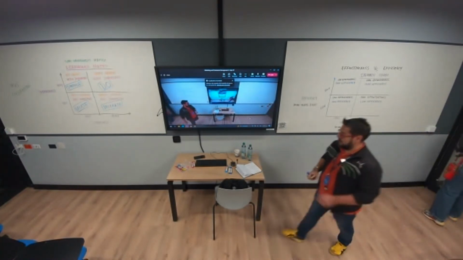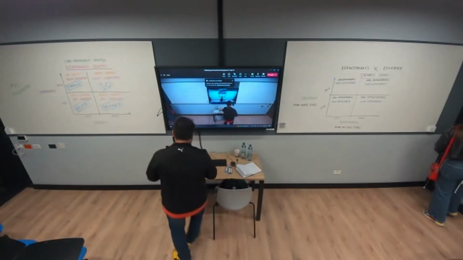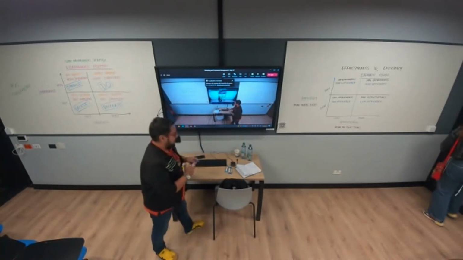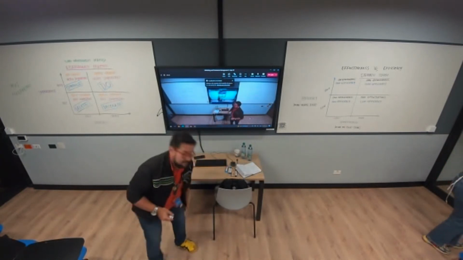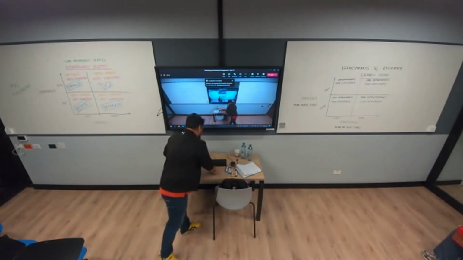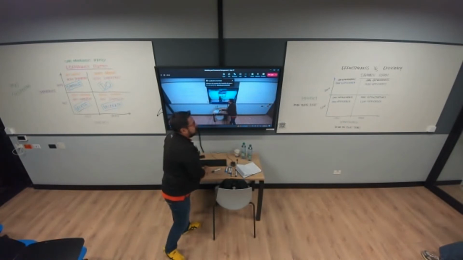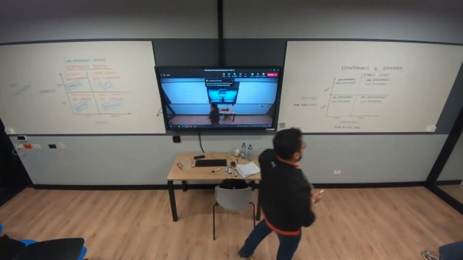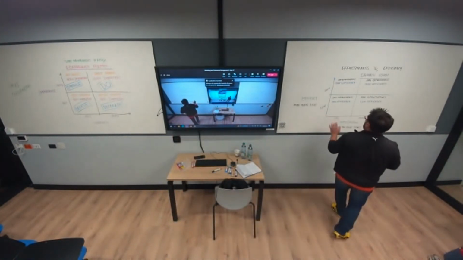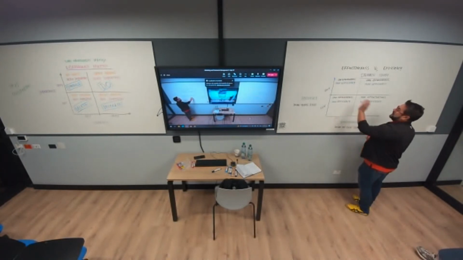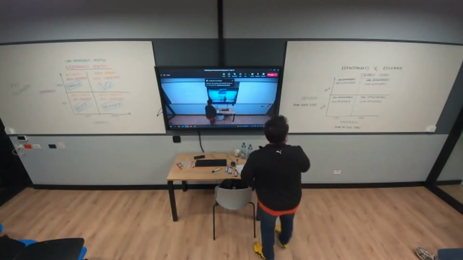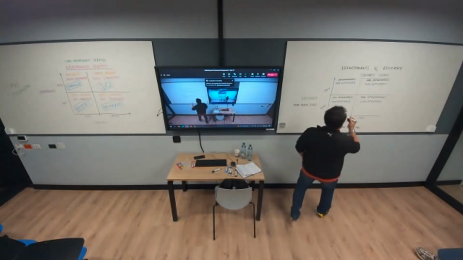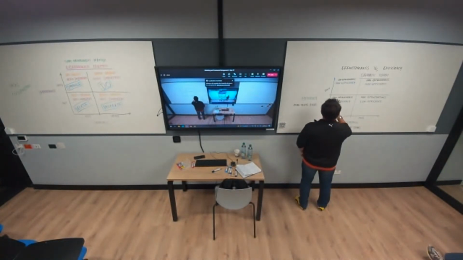Okay, so after we have already defined the four quadrants, let's find out the name for each of those. The first one, in which we find two variables low, low efficiency and low effectiveness, the name for that quadrant is poor performance.